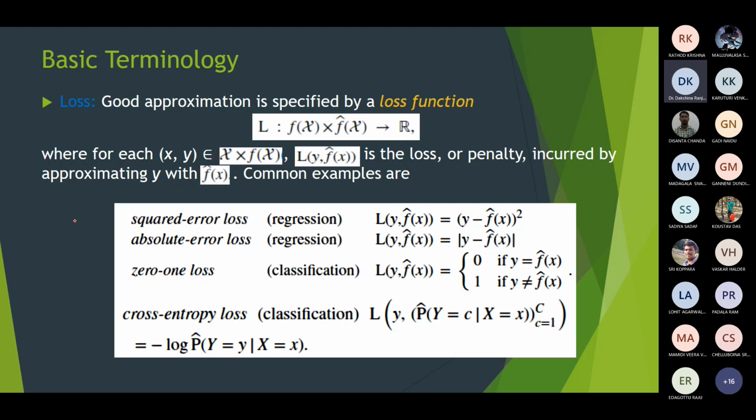Now if y does not equal the approximated function, then we will get 1 in the corresponding locations in the matrix.